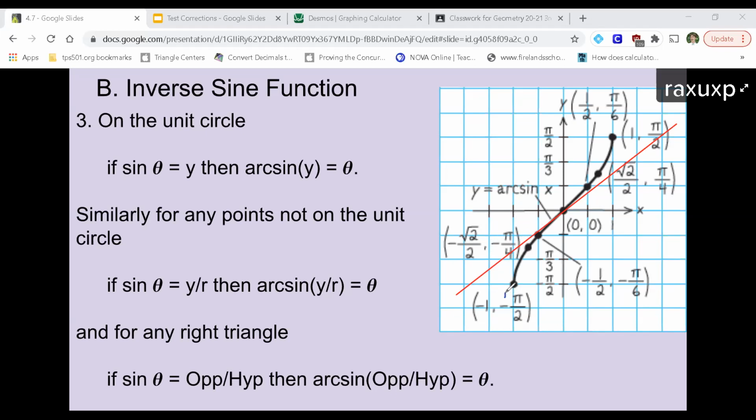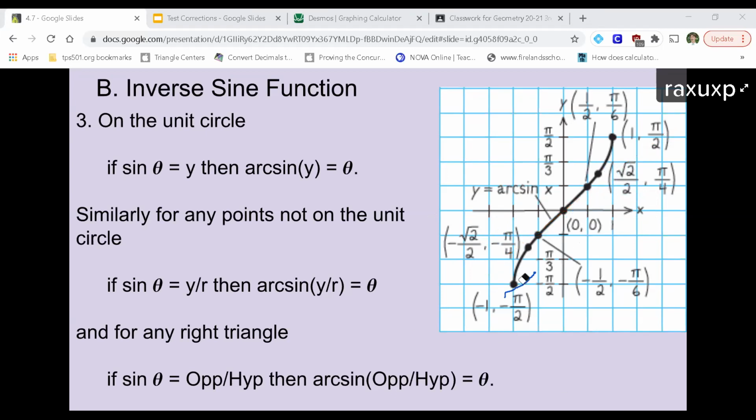It looks like that. That's really poorly drawn because it's not to scale. But if you flip this sine function, which looks like that, over the line y equals x, you get this arc sine function.